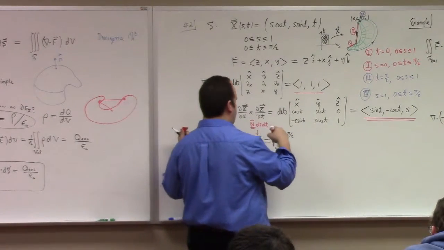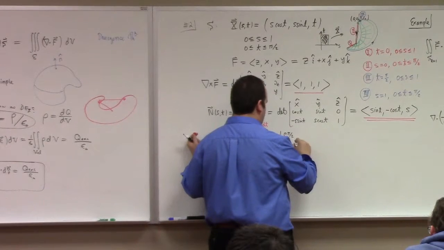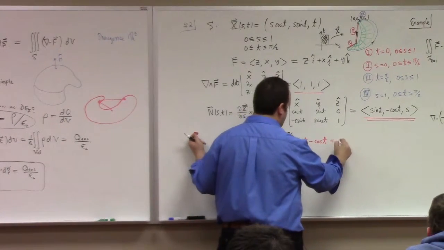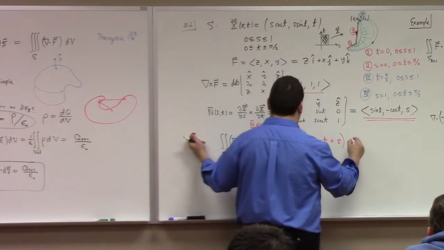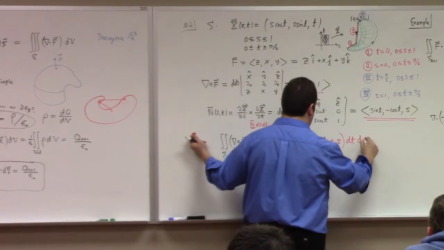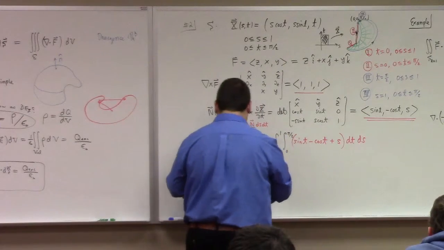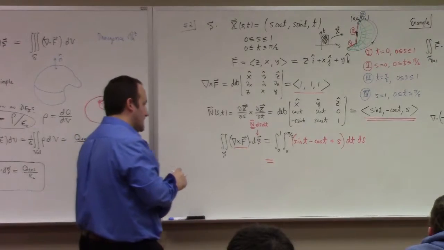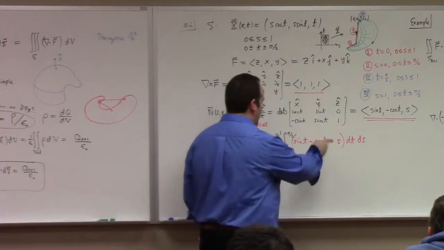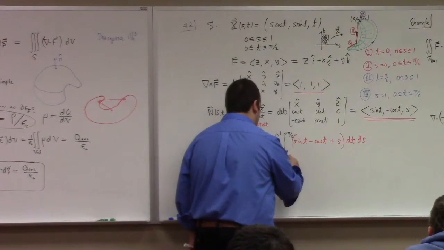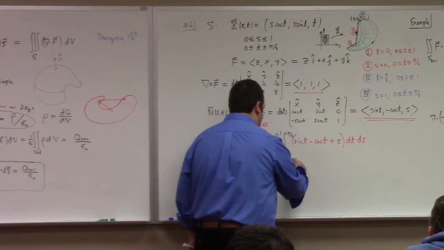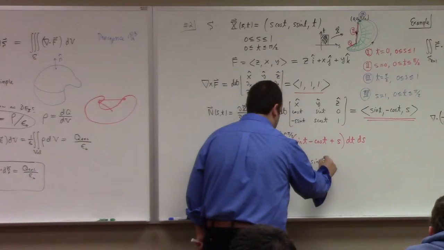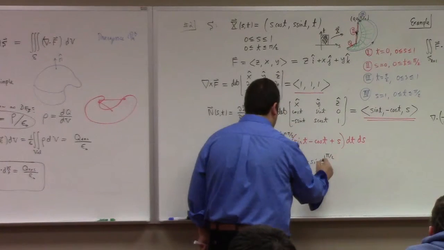So when I take the dot product of those two things, what do I get? I get sine t minus cosine t plus s, dS dt. What's that integral give me? Well, the ds is easy. So I got myself a minus cosine t evaluated from 0 to pi over 2, minus sine t evaluated from 0 to pi over 2.